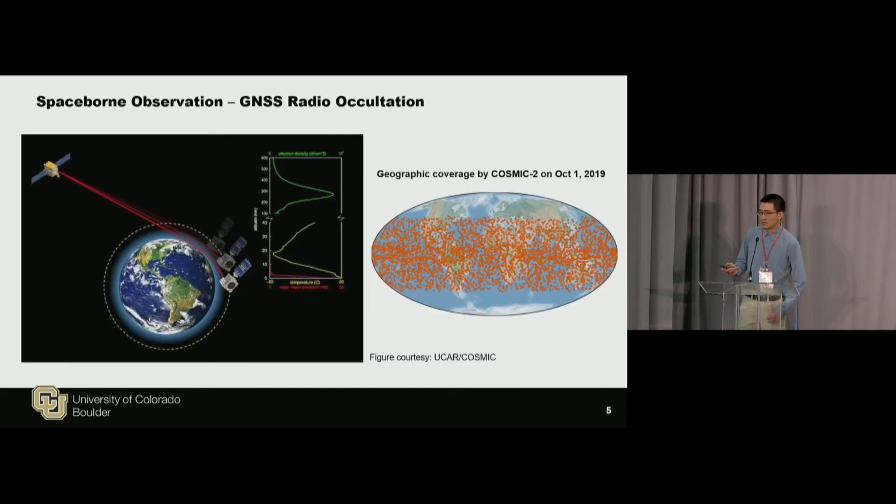And the other measurements people usually use of GNSS is from the radio occultation satellites. And these are great measurements from radio occultation and has the potential to provide a global coverage. But the problem with radio occultation is that the signal travels through the ionosphere over a pretty long distance, probably over 1,000 kilometers.